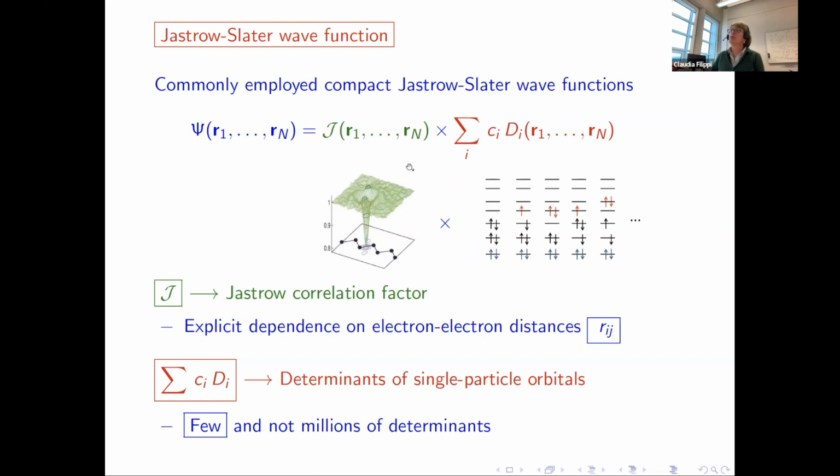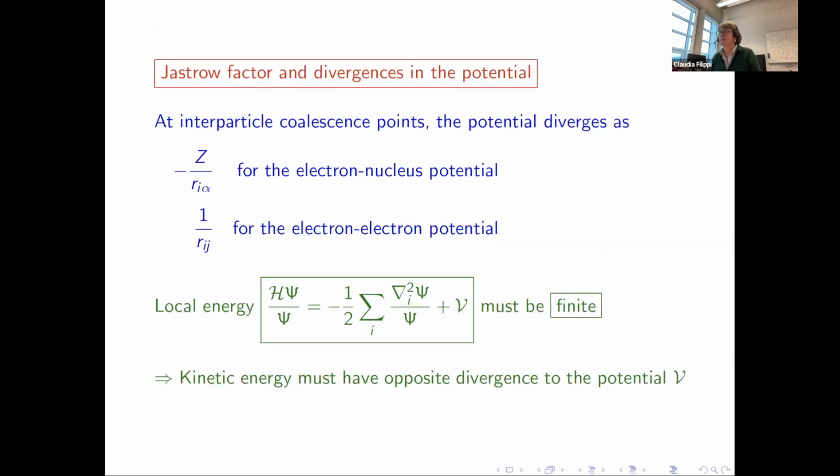But in front, we put a so-called Jastrow correlation function, and this one depends explicitly on the electron-electron distances, r_ij. The hope is that by the presence of this function, depending on r_ij, we will compactify the expansion in terms of determinants. We might get by with few, and few may still mean thousands, but not millions of determinants.